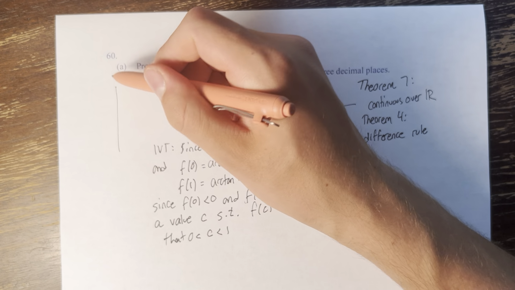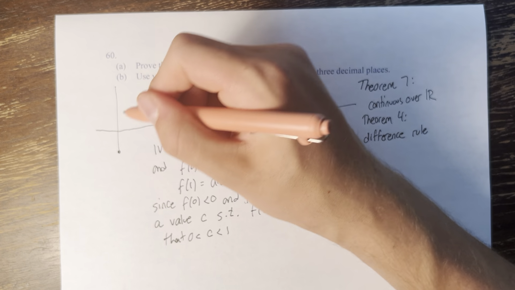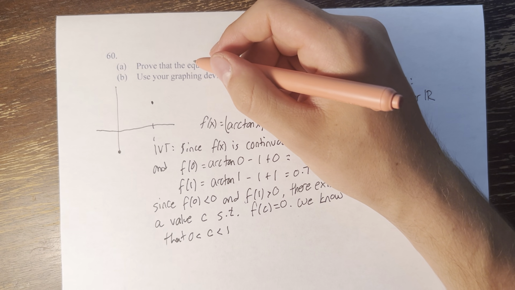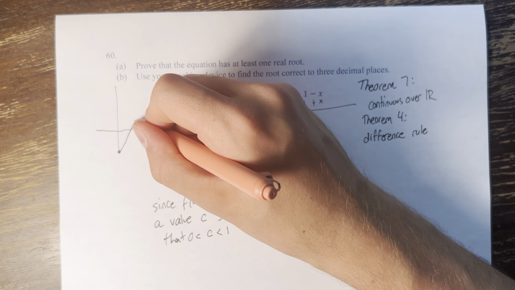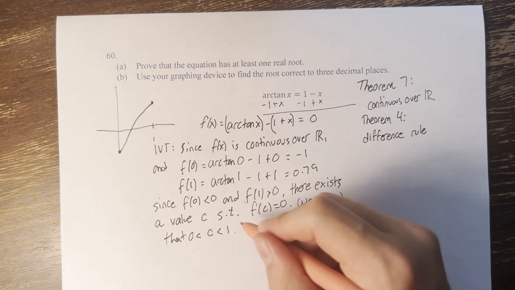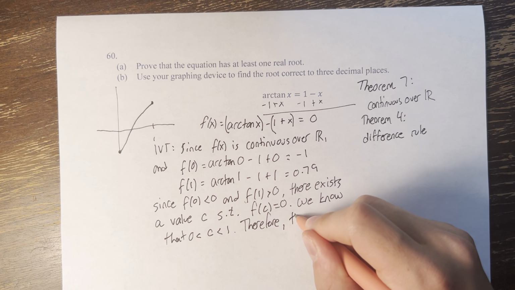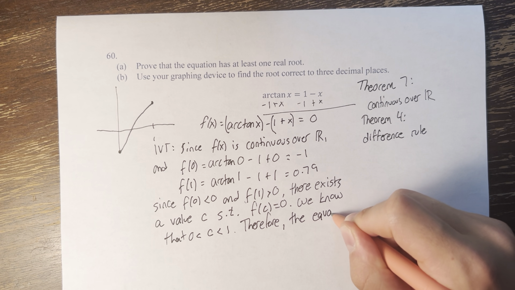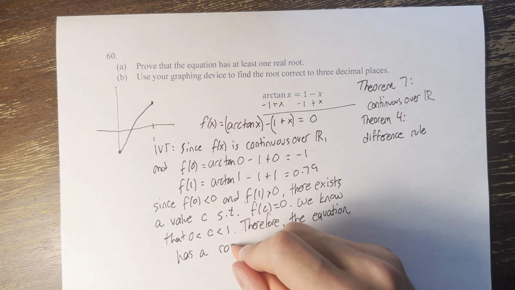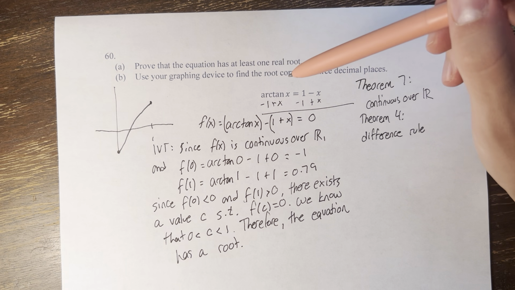We have a continuous function here, and we know that at 0, it's a negative value, and at 1, it's a positive value. So for this to be true for a continuous function, it would have to cross the x-axis at some point, and therefore has a root. Therefore, the equation has a root.